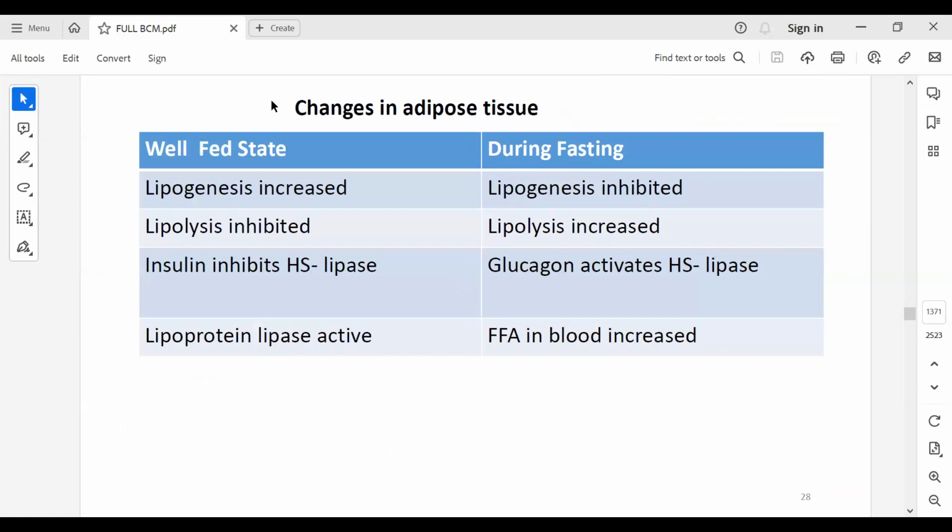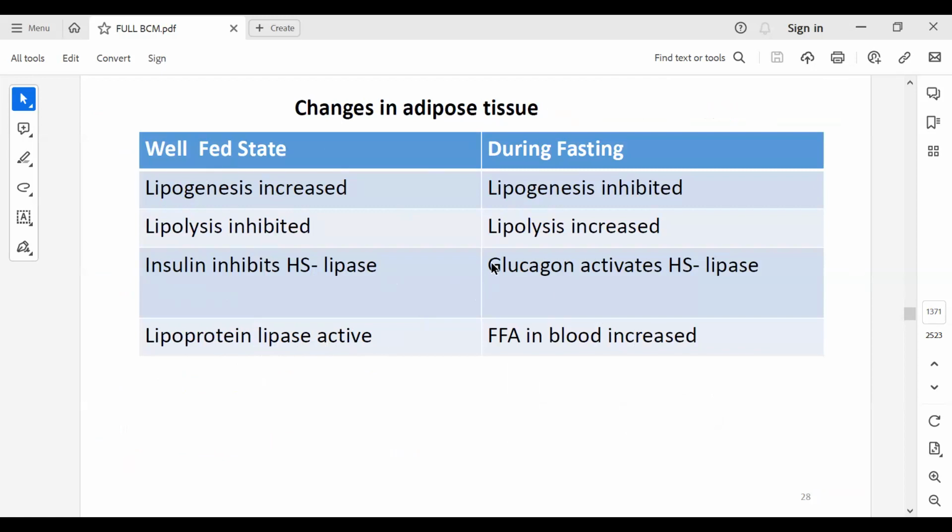So this is the moral of the story: if you are well fed, you'll carry out more lipogenesis and decrease lipolysis. Insulin will inhibit the lipase enzyme, which is very sensitive to glucagon, and lipoprotein lipase will be active so that you can take in more free fatty acids and convert them into triglycerides.